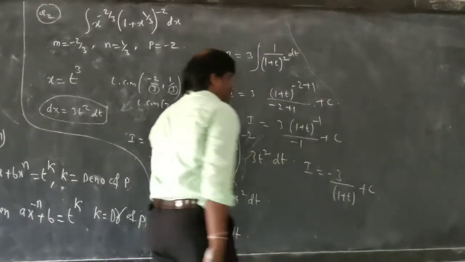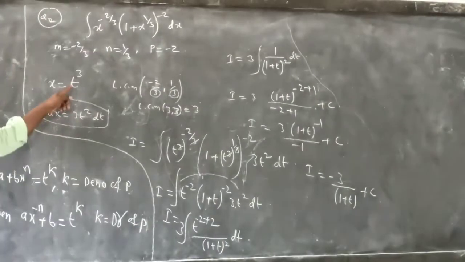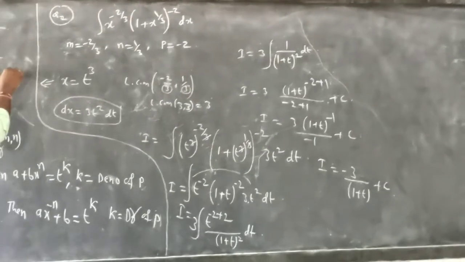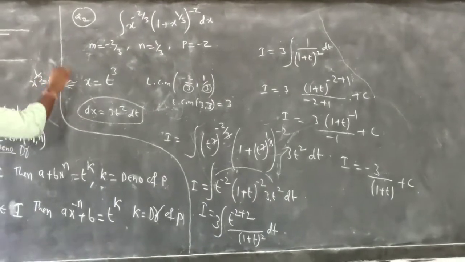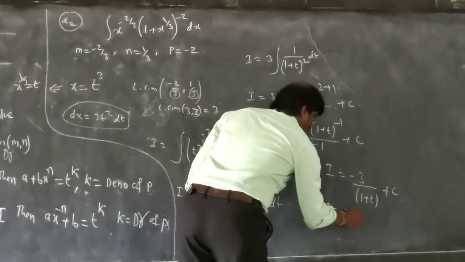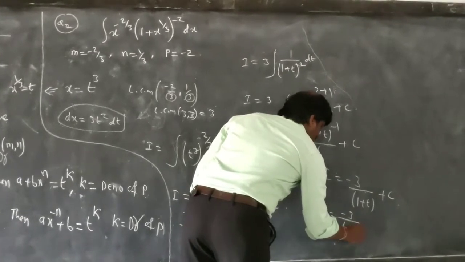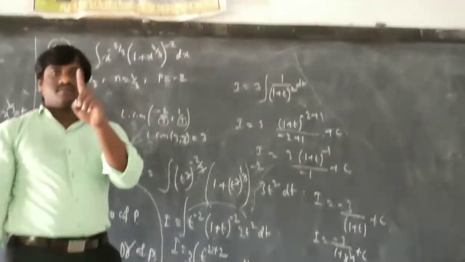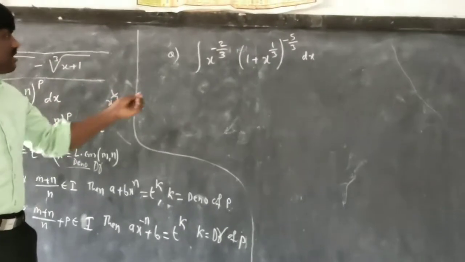But what is t here? t is x power 1 by 3. Replace in the place here: I is equal to minus 3 upon (1 plus x power 1 by 3), plus c is your answer.